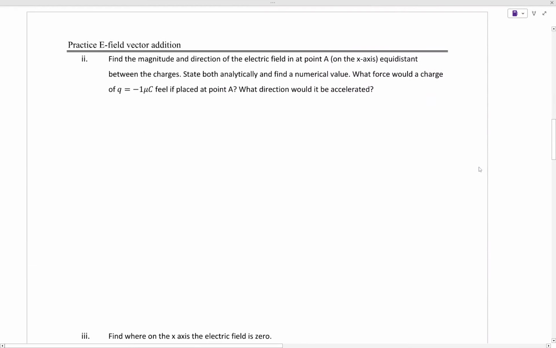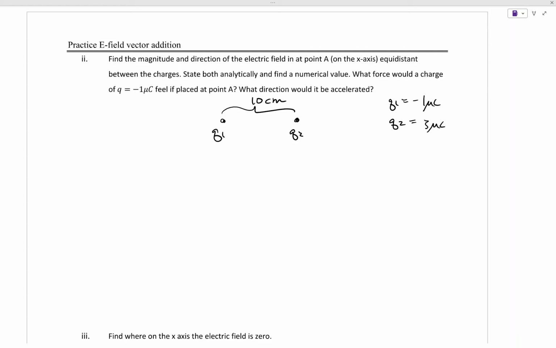Now, the next thing that we want to do is actually find the magnitude and direction of the electric field at the spot exactly between the 2 charges. So let's draw our cartoon again, Q1 and Q2. Q1 was -1 microcoulomb, Q2 was 3 microcoulomb, and they are separated by a distance of 10 centimeters.